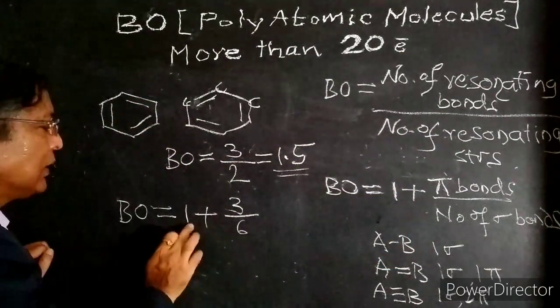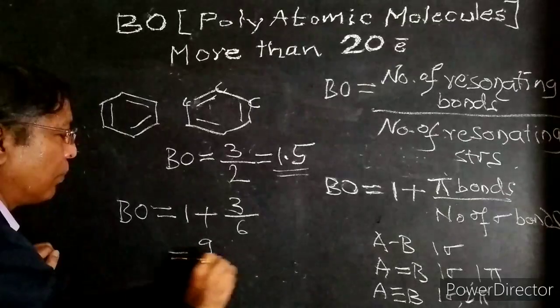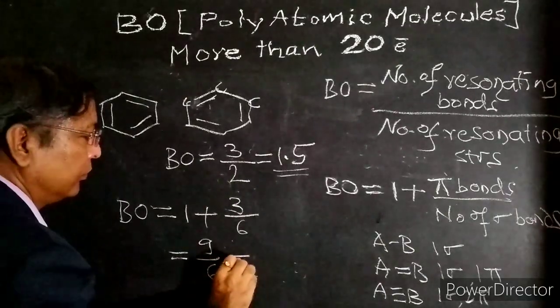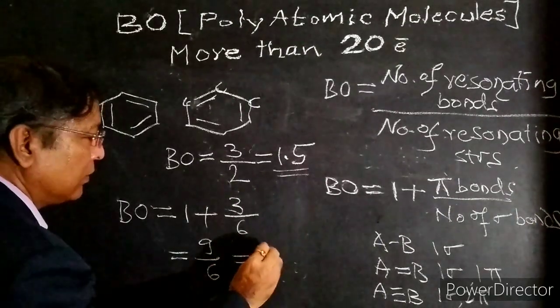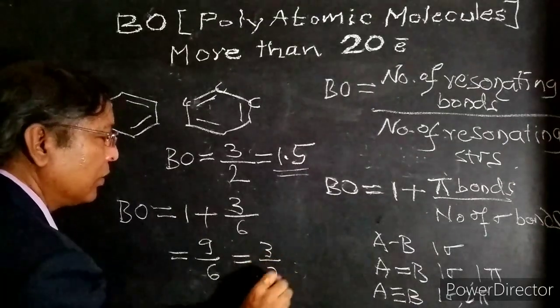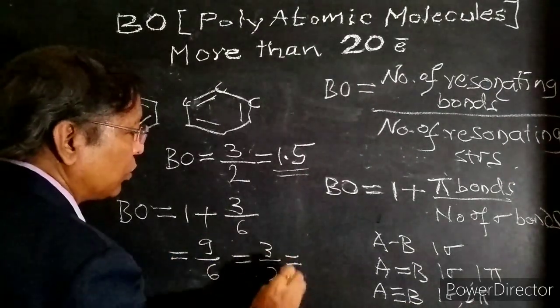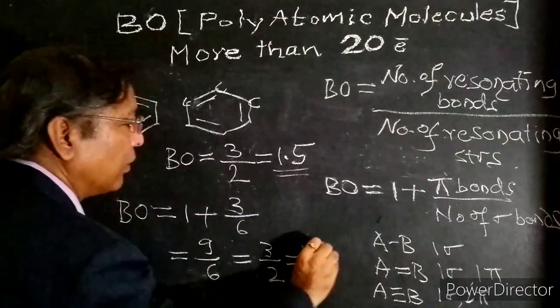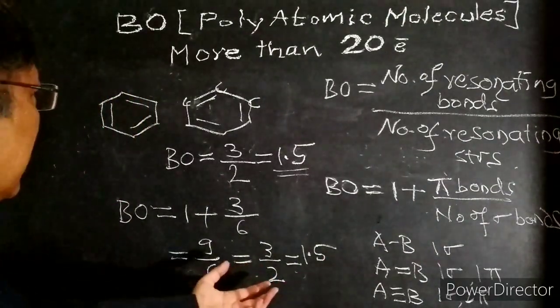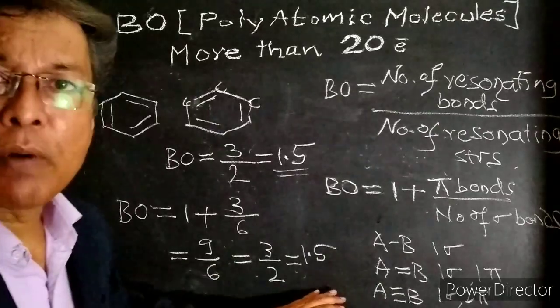Let us solve this. 6 1s are 6, 6 plus 3, 9 upon 6. That means 3 divided by 2, which is 1.5. So the bond order in case of benzene is 1.5.